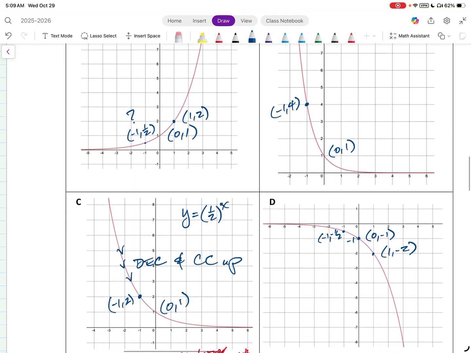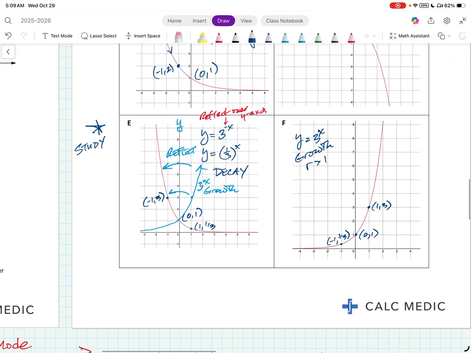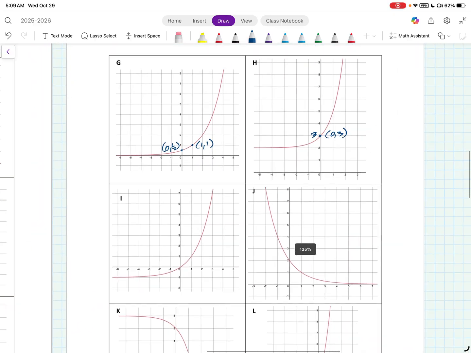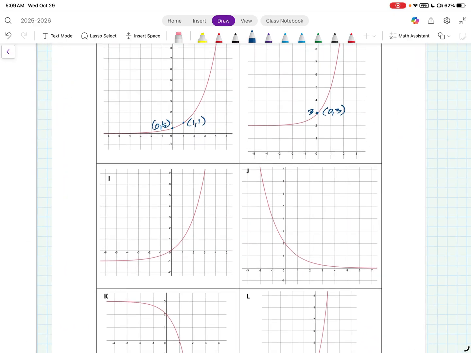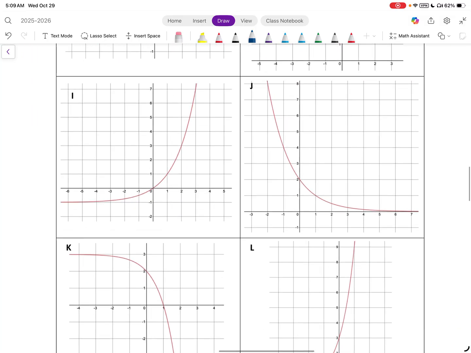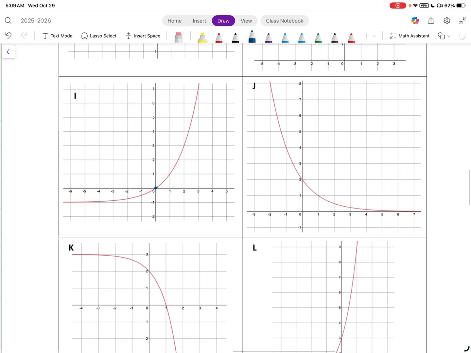So we're looking for growth now. Okay, so here we go on this one. It goes through the origin, so 0 comma 0, goes through 1 comma 1. A normal growth function, 2 to the x, would have a y-intercept at 1.